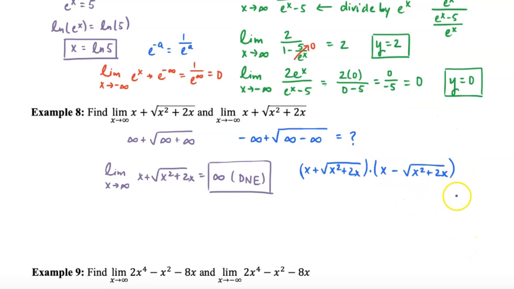This looks a lot like my process of rationalizing when I wanted to get rid of the discontinuity. It's just another technique that I can use to put this in a form that I can find the limit of. Now, if I multiply something by an expression, I need to divide by it as well. So I'm kind of multiplying by a fancy form of 1 so that I don't change the value of this function.